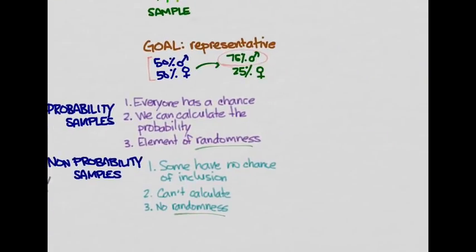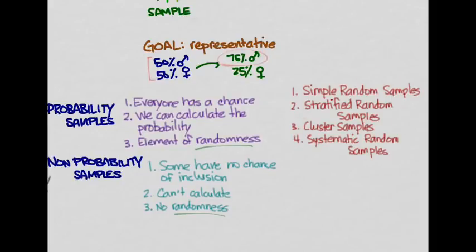So there are different kinds of probability samples, and we'll go through all of these. Unfortunately, most of them have the initials SRS. And there are also different kinds of non-probability samples. We will be focusing mainly on the random samples.